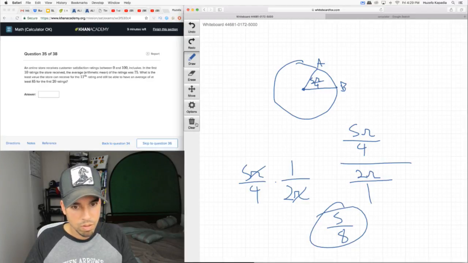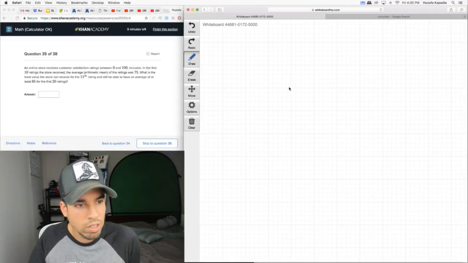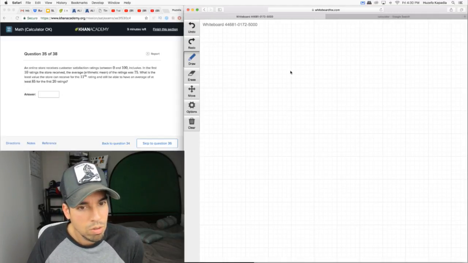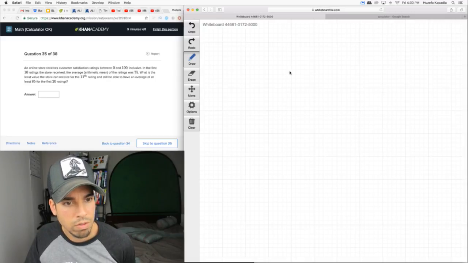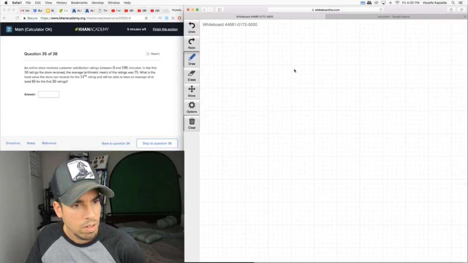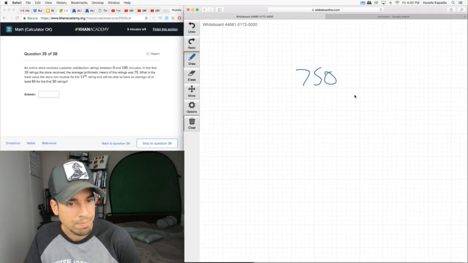Okay, 35. An online store receives customer satisfaction ratings between 0 and 100. In the first 10 ratings the store received, the average was 75. So 750 basically was the total score if we add them all up.